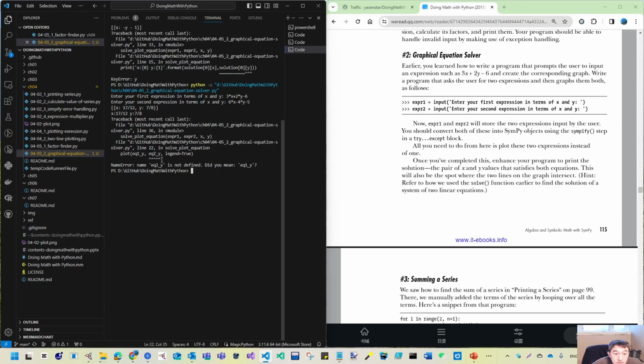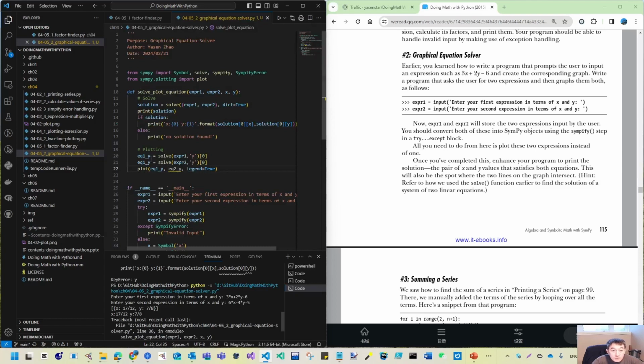And equation 2 is not defined. So we haven't defined it. So that is the issue. So we should use equation 1, equation 2. Let's see what that is.